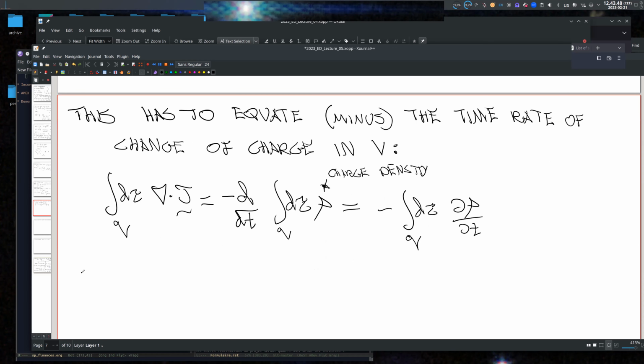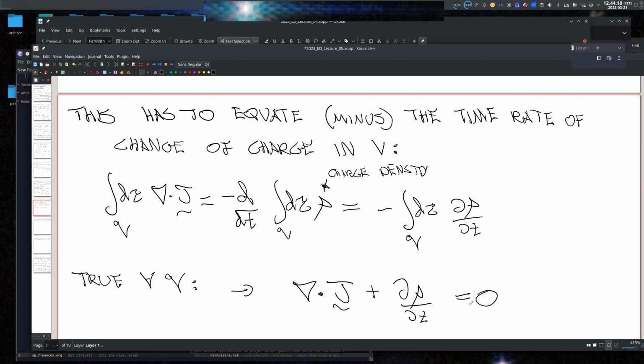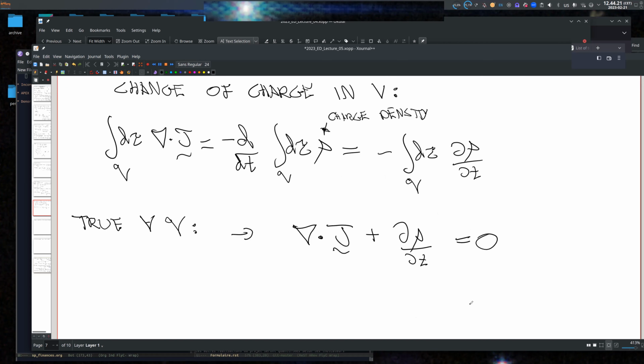Now, since this is true for any volume V, it means that the equality has to occur locally at the level of the integrands. So I must have locally a relationship between the divergence of my current and the time derivative of the charge density: the divergence of J plus the partial derivative of rho with respect to time has to be equal to 0. And this is a superbly important equation known as the continuity equation.